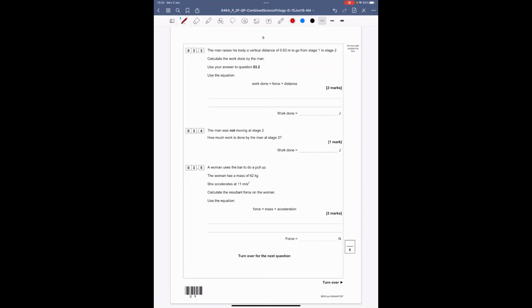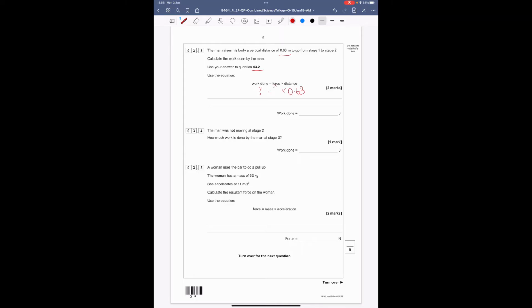Question 3.3. The man raises his body a vertical distance of 0.63 metres to go from stage 1 to stage 2. Calculate the work done by the man. Use your answer to question 3.2 and use the equation work done equals force times distance. So our distance from the question that he's pulled himself up is 0.63 metres.